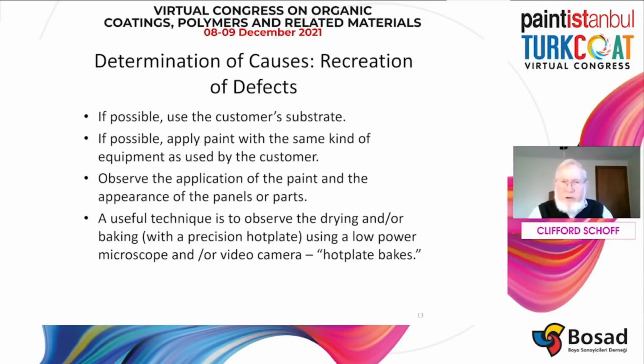We'd observe the drying and curing of a coating by putting a coupon that we painted on a hot plate where we could control the temperature quite well, and we'd use a low power microscope, usually with the camera, in order to save what we saw doing these hot plate bakes.